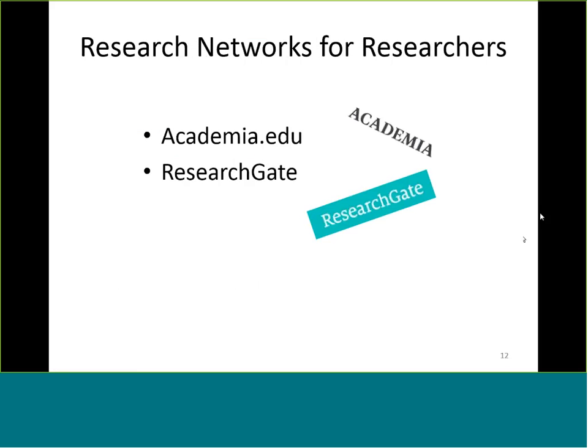So first, those entities that were developed to be research networks. The two big ones are Academia.edu and ResearchGate. One thing to keep in mind with both of these entities is that they are for-profit groups. Even Academia.edu is not a .edu in the way we would traditionally think of that domain. It is not associated with a university.